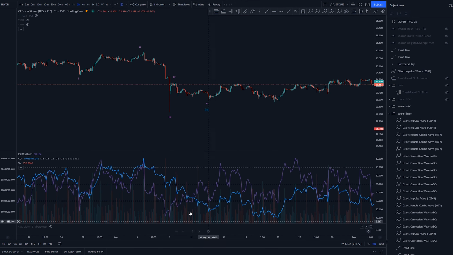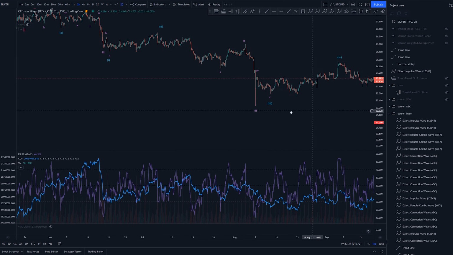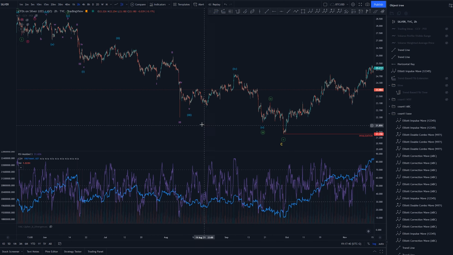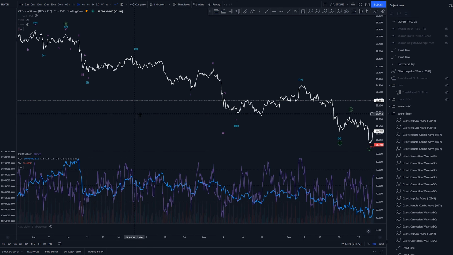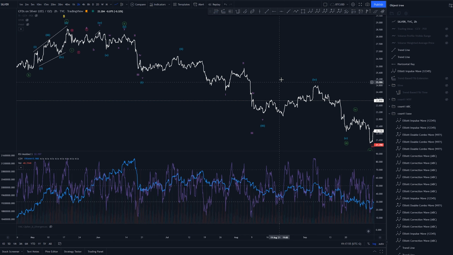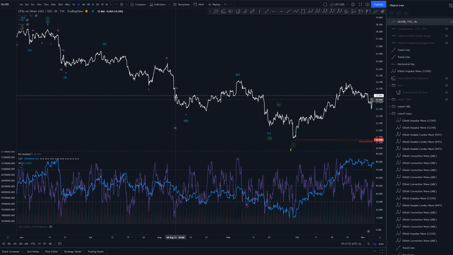and this is a wick, a huge wick, 5%, and this caused so many issues here on this count as well. We don't get the divergence we want, and just by looking at it on line graph, this probably, yeah, looking at it, this doesn't look like 5 waves at all on line charts.